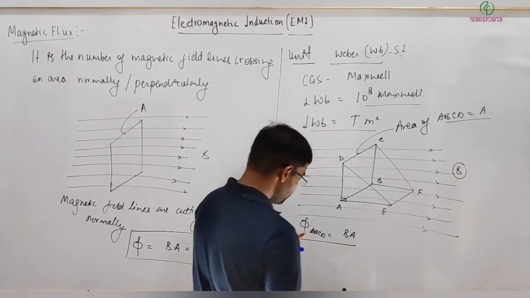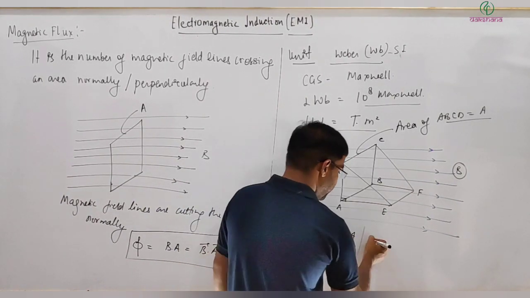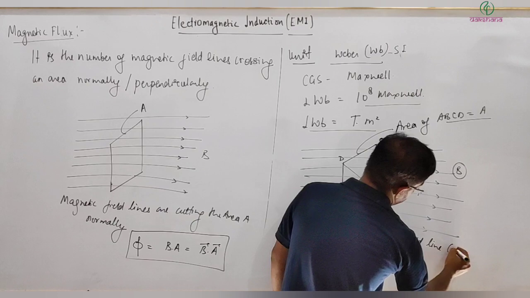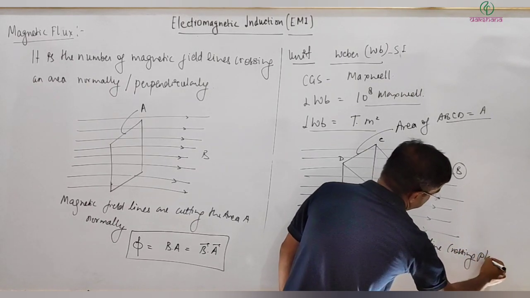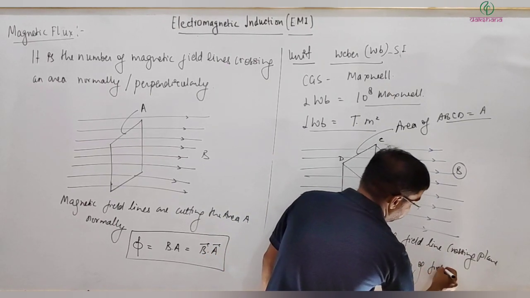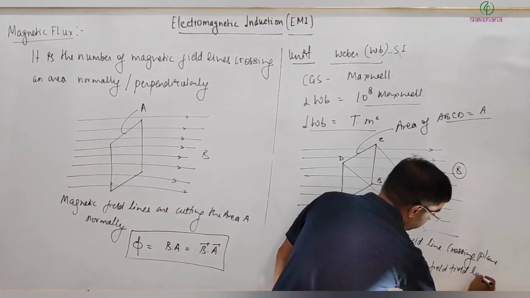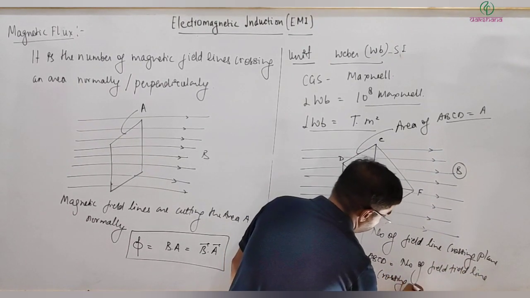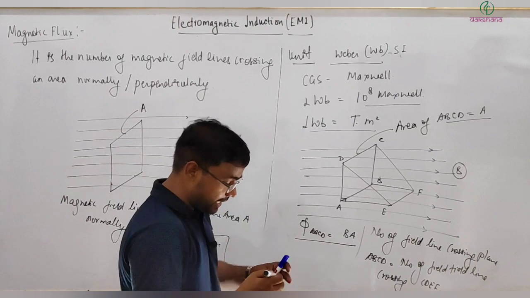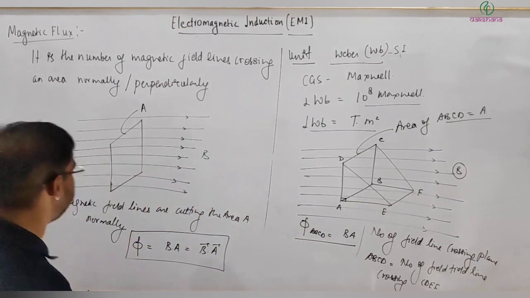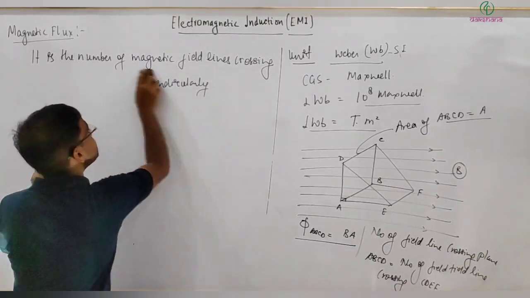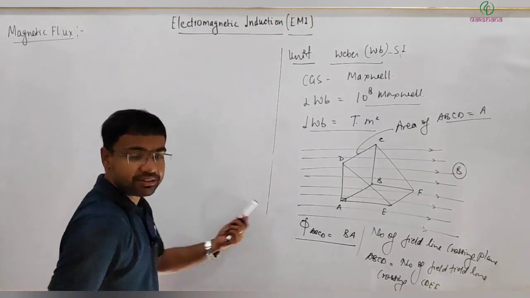So the flux should be equal, but if I simply write the flux as magnetic field into area, it will become different.